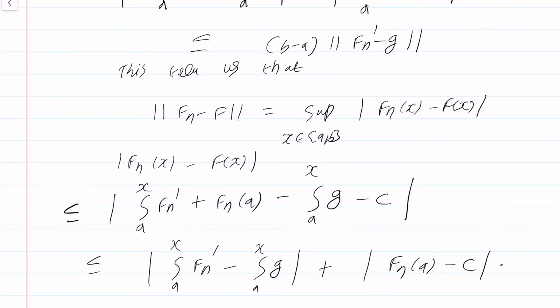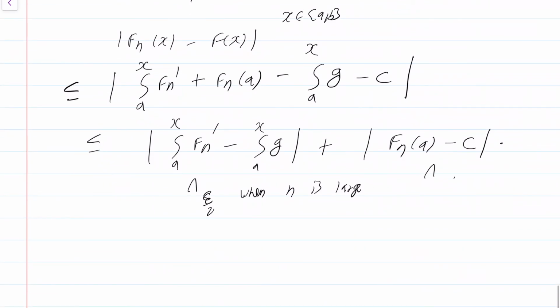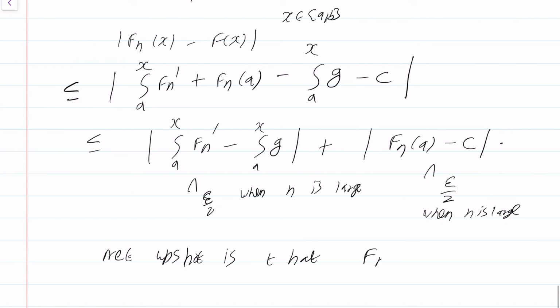This can be made less than epsilon by 2 when n is large. Similarly, this quantity can be made less than epsilon by 2 when n is large. Net upshot is that f_n converges uniformly to f.